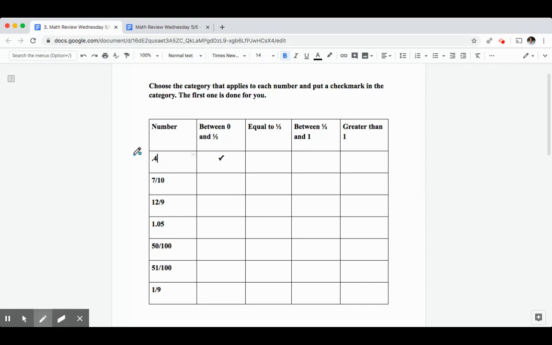Well, 0.4 would be 4/10. And for 1.05, we would write it as a mixed number, 1 and 5/100.